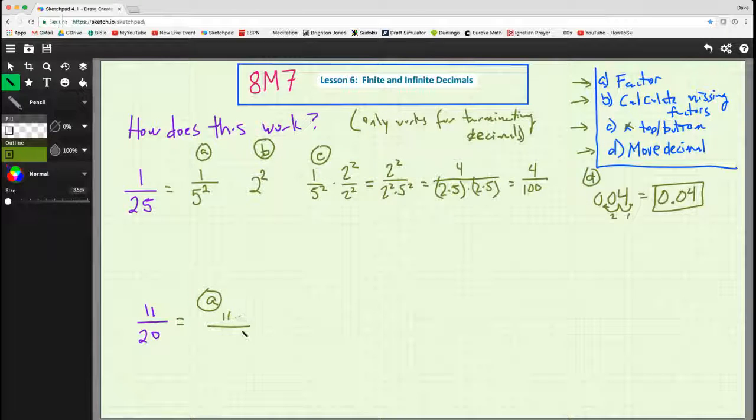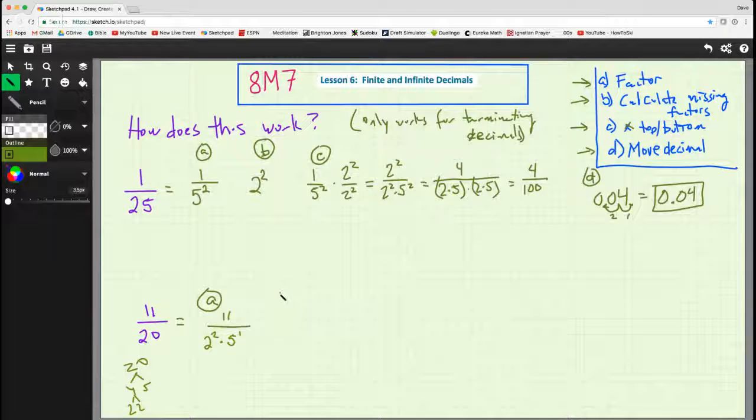So now we have 11 over 20, which is, if we factor 20, we get 4, 5, 2, 2, and 2. So that's 2 squared times 5 to the first.